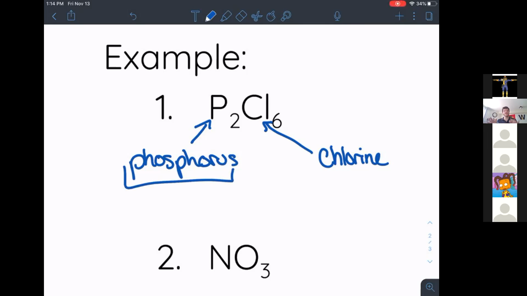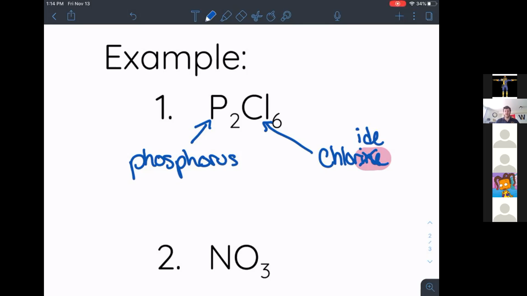No, because it's the first element. We don't touch the ending. We keep it the same. What about chlorine? We've got to change the ending of chlorine. And what do we change that ending to? IDE. So I'm going to take off the INE and add an IDE. So it's going to be chloride. Perfect.